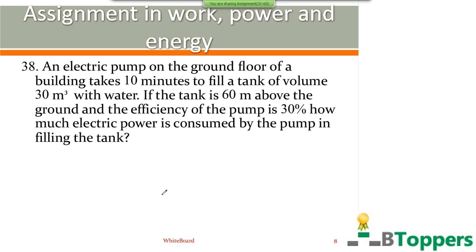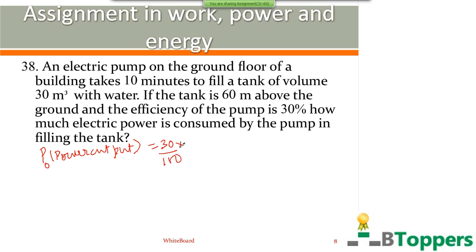So the efficiency of the pump is 30%. That means the power output, denoted by P subscript O, is 30% of the actual power.